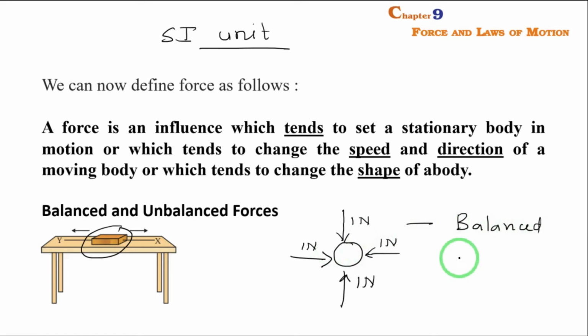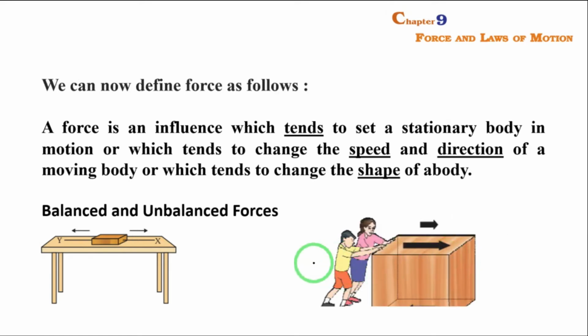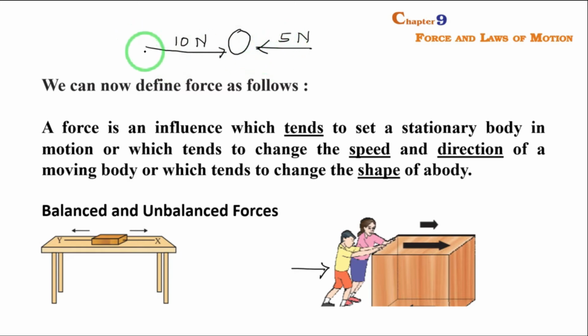But suppose the object is moving, and it is moving because there is some resultant force, right? For example, you apply a force of 10 newtons on a body, and someone else is applying a force of 5 newtons in the opposite direction. Consider this as a straight line.